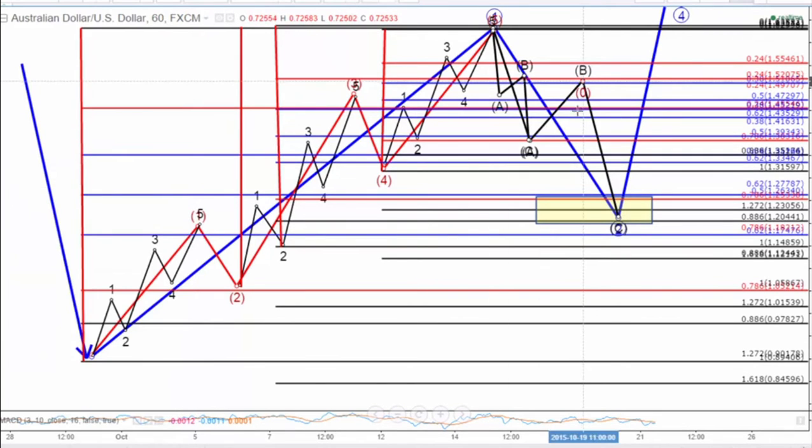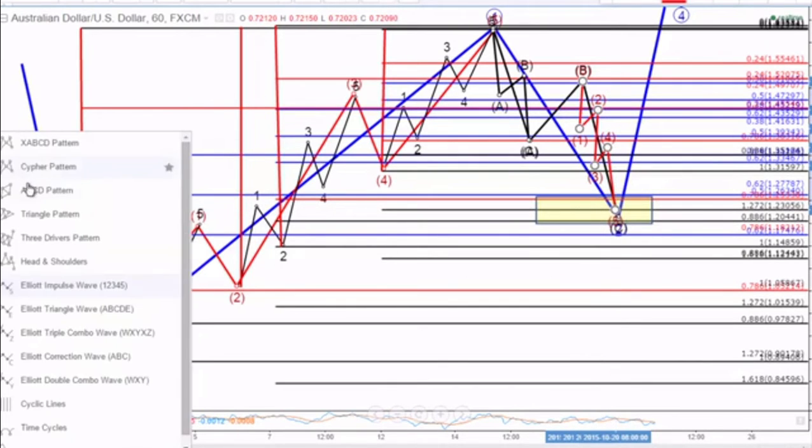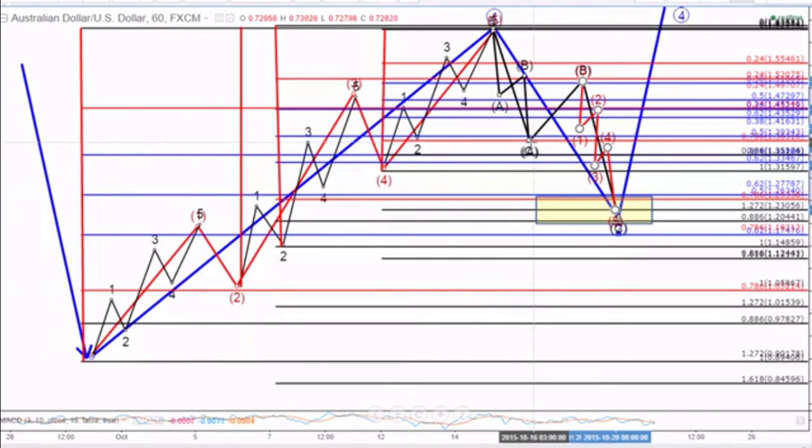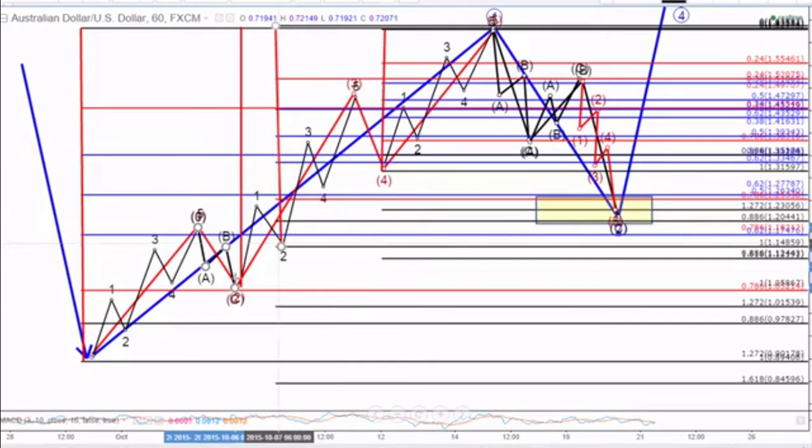Then you're going to get 1, 2, 3, 4, and forgive my drawing. A lot of times you're going to get that, and then this. In between these little swings, 3 to 4, 3 to 4, most of the time you're getting these little ABC corrective waves. See that? Little ABC corrective waves within these structures.